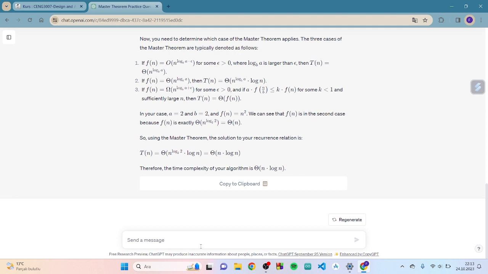Since f(n) and n to the log base b of a are of the same order, the solution of the recurrence relation is T(n). I ask if this is true.